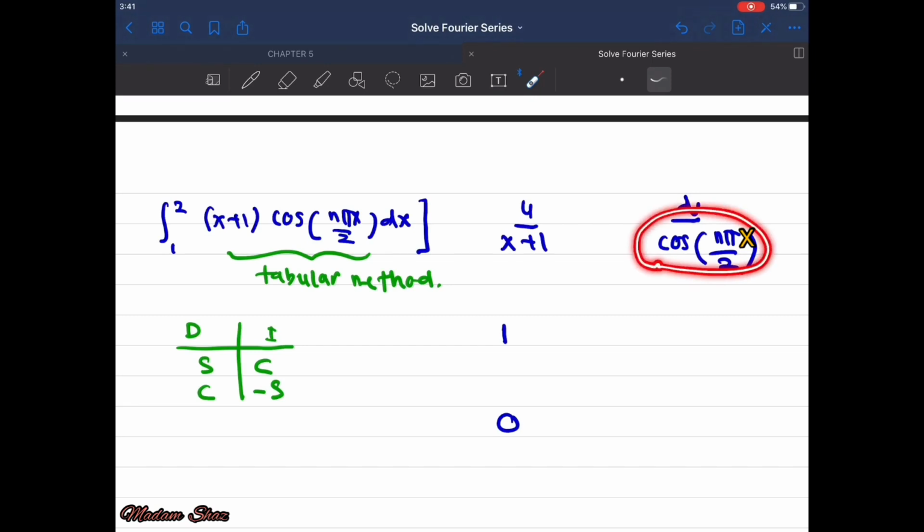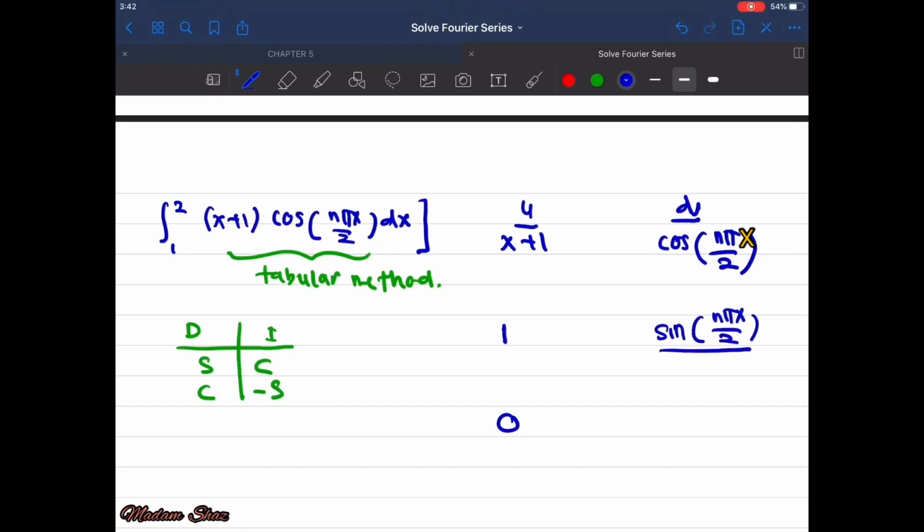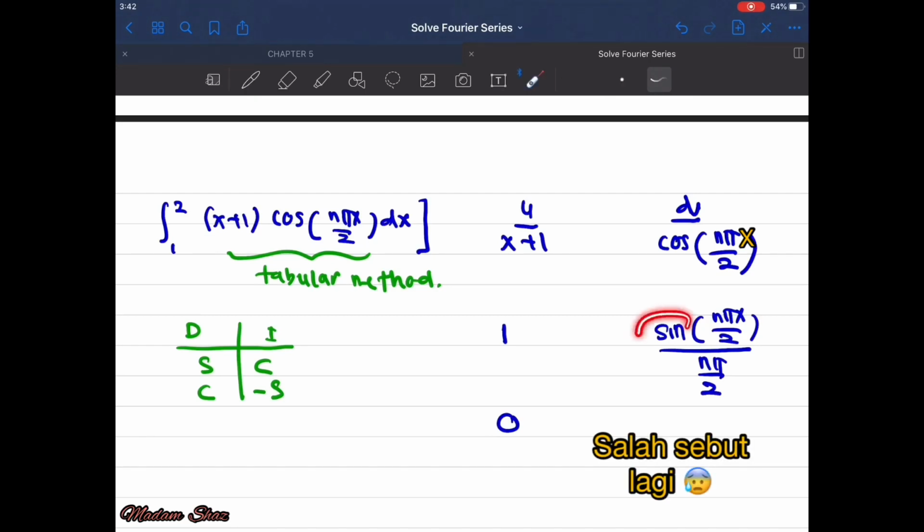Integrate cos n pi x over 2, integrate cos will become positive sine. Sine n pi x over 2 divide with, differentiate the argument will become n pi over 2. Differentiate one more time, differentiate sine will become negative cos.